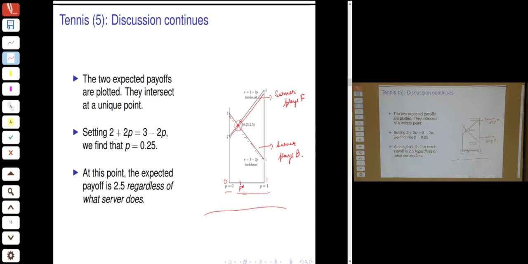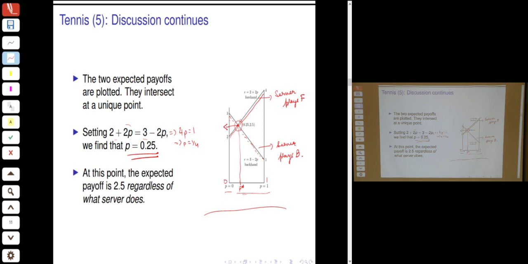So, 2 plus 2p, this curve, should be equal to 3 minus 2p, that curve. You solve for this. So, this is 4p equal to 1. So, that is p equal to 1/4, which is 0.25. So, that is the p coordinate.